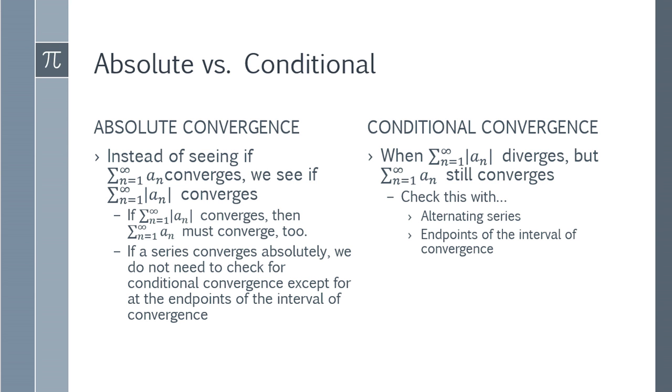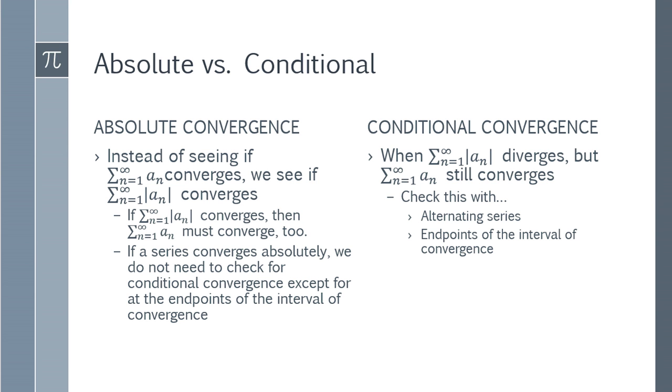It's a very, very powerful thing for us, and it simplifies things a lot because then we don't have to worry about negatives and all of that. It's great. If a series converges absolutely, there is no need to talk about any other type of convergence, specifically this conditional convergence.